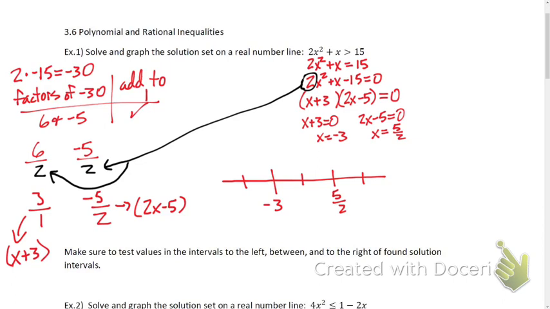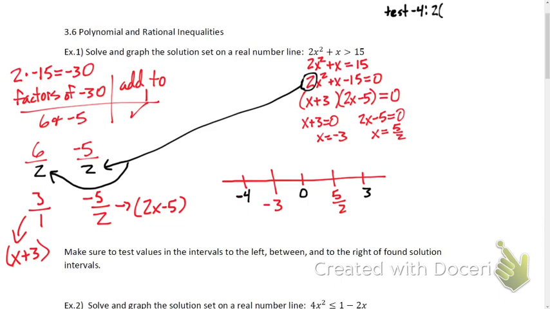So for example, we could test, let's change colors. We could test -4, 0, and 3. Some you can do in your head. If you can do all of them in your head, go for it. I'm going to test them up here top right. So I'm going to test -4. Be careful with that negative.